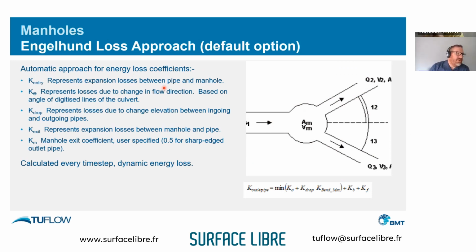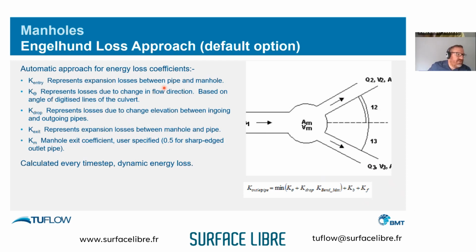The default option is the Engelund approach. So this is what gets switched on automatically. It's a dynamic energy loss that's calculated every time step, and it will represent the expansion losses between the pipe and the manhole. It will represent the changes in flow direction, so it will work out the incoming angle, outgoing angle based on the digitization.